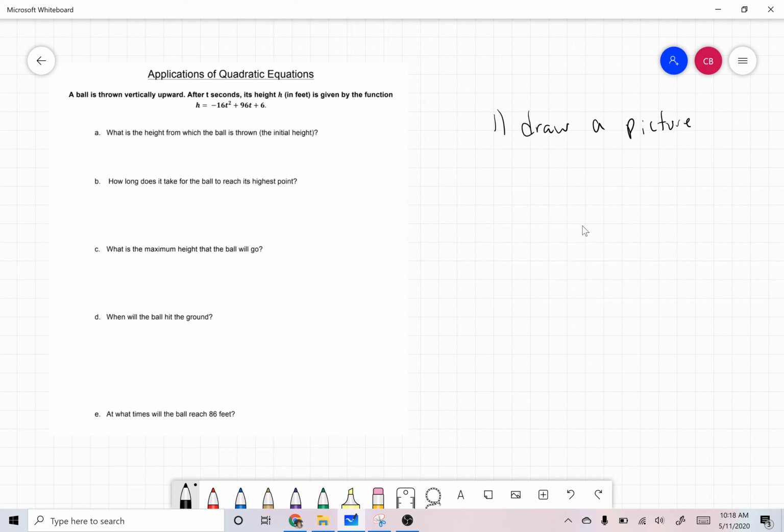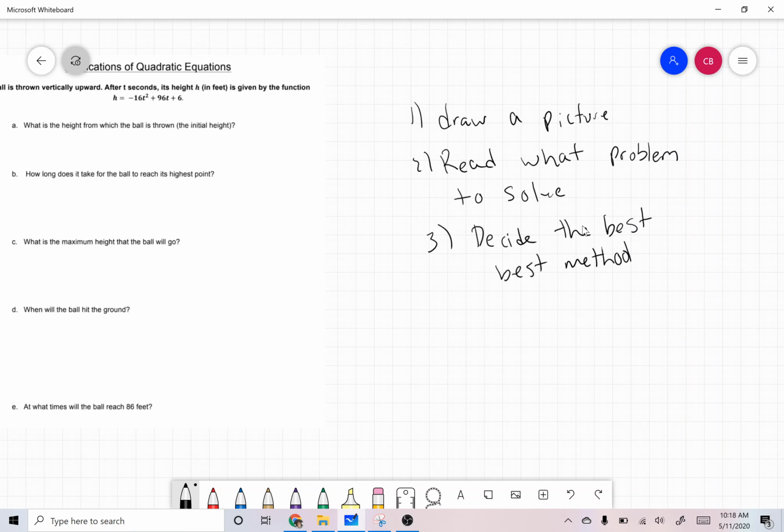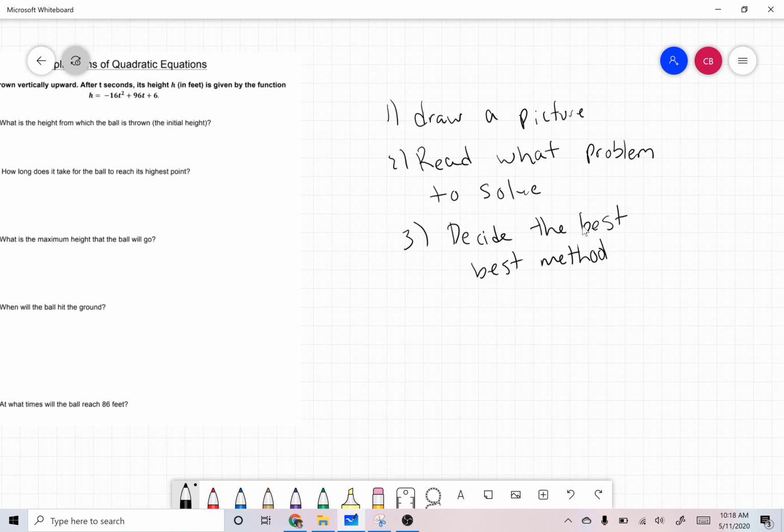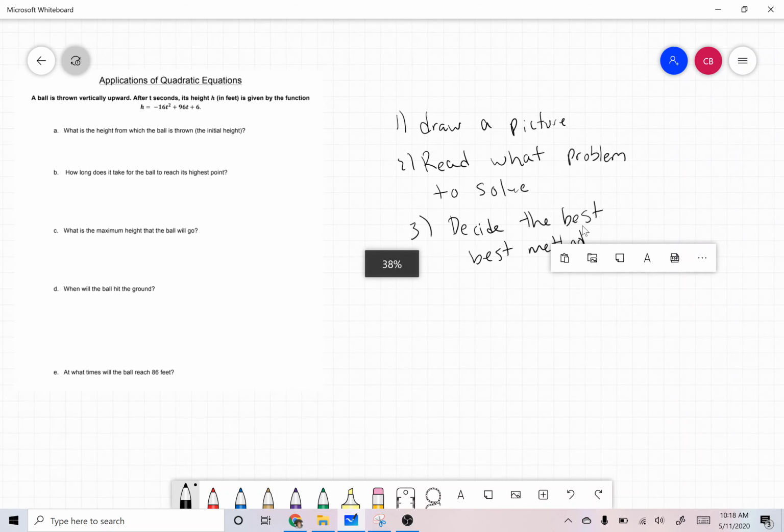And then read what they're asking for, what the problem hopes to solve or answer, and then decide the best method of doing this. And then obviously conduct that. So, let's look at this.